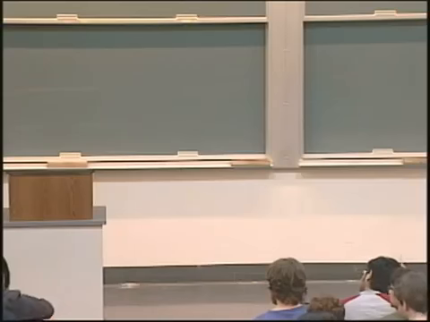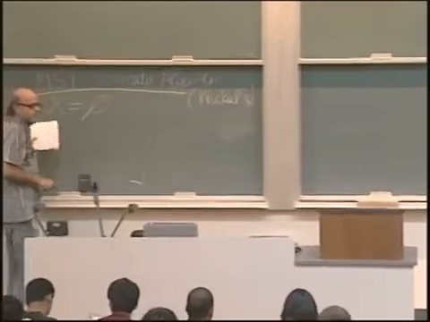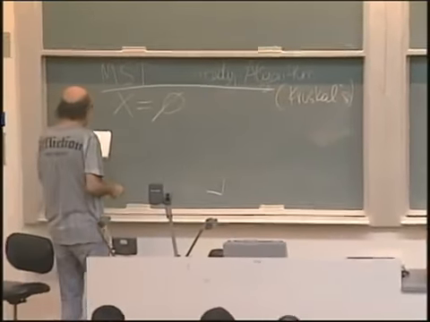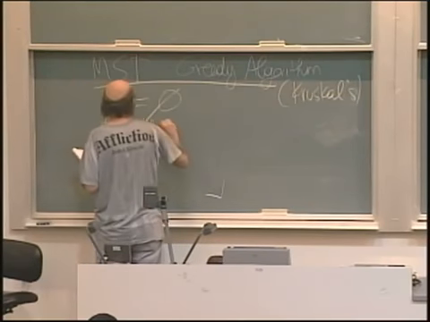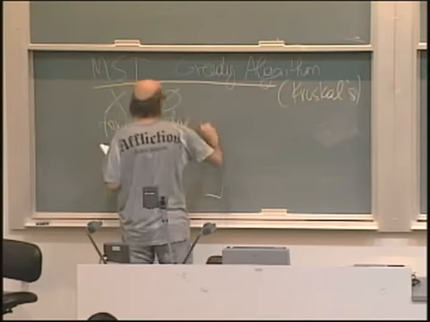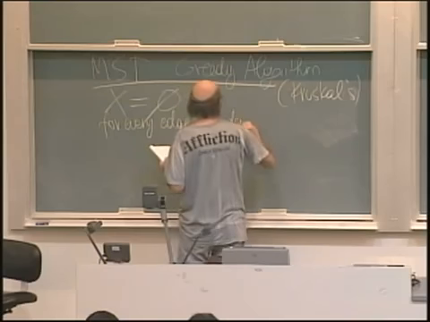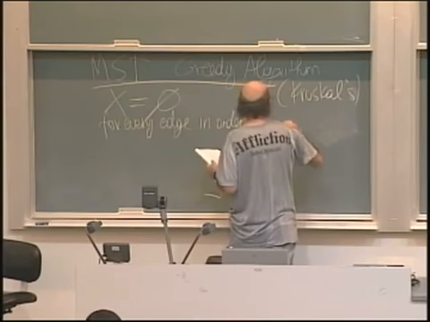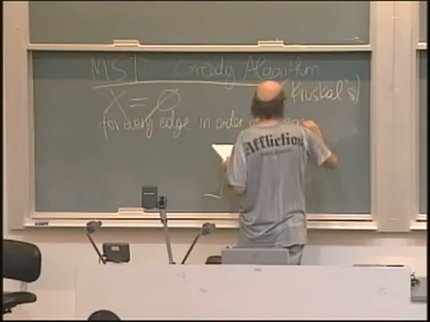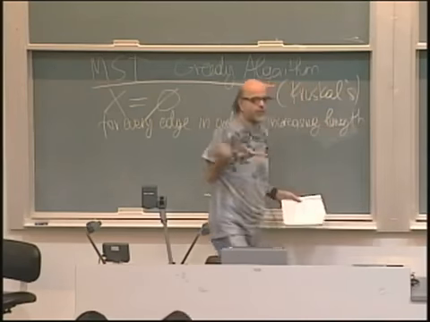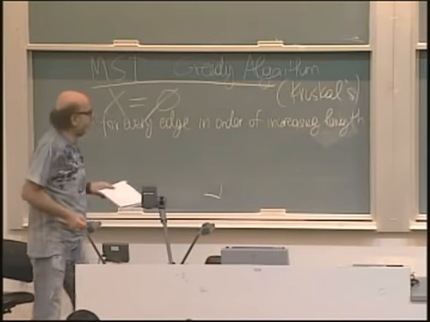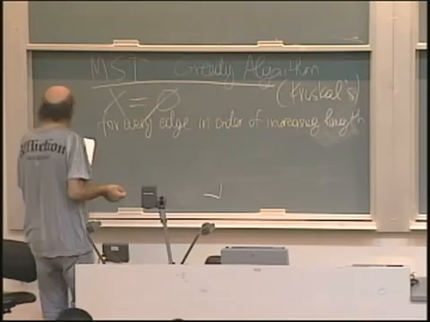So you start, X will in the end be the minimum spanning tree, and you do the following. For every edge in order of increasing length, so we sort the edges, we do the following.